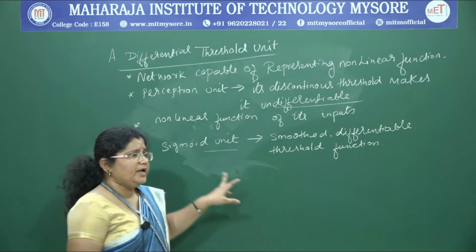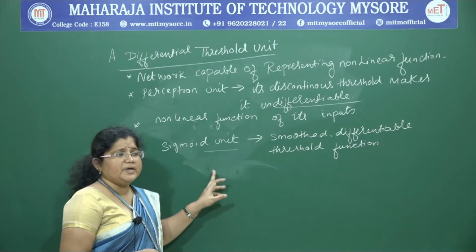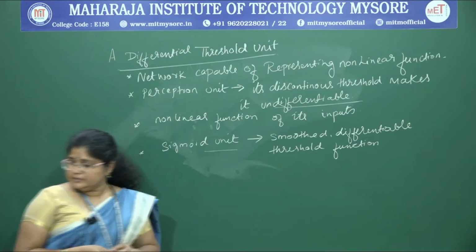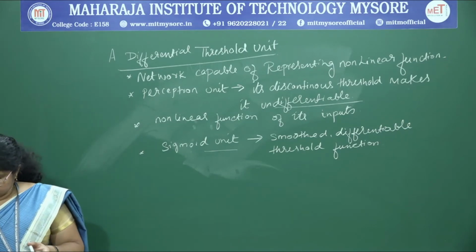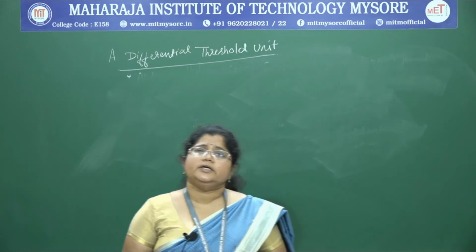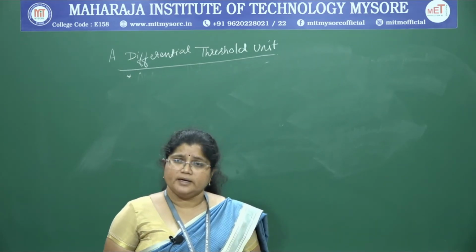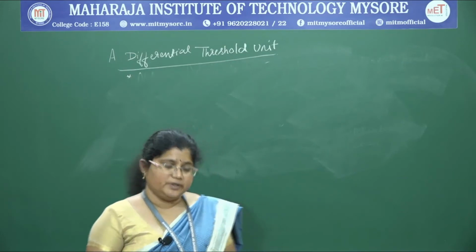That is the main operation performed by the sigmoid unit. Now let us look at the sigmoid unit. The sigmoid unit is also just like a perceptron. Now let us look at the diagram of a sigmoid unit.